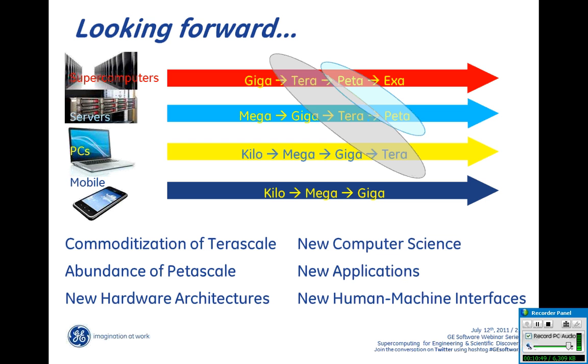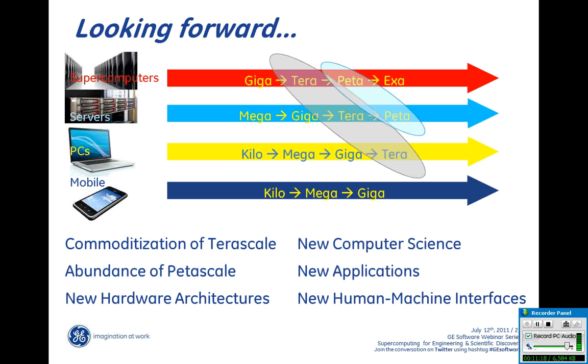applications. The other thing that the advancement in computing is making available is what I refer to as an abundance of petascale. And this is making ample slots for terascale applications and programs on some of the larger machines that are now available at the national labs and larger institutions.